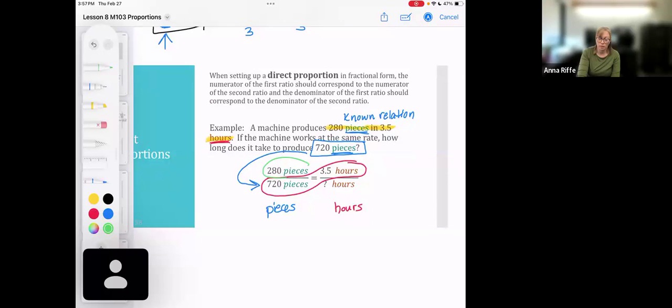And then this is my quantity that is not in that diagonal. So to find the number of hours that it takes to produce 720 pieces, I can take 720 times 3.5, the product of the diagonal, divide that by the remaining constant, 280, and that will give me my number of hours.